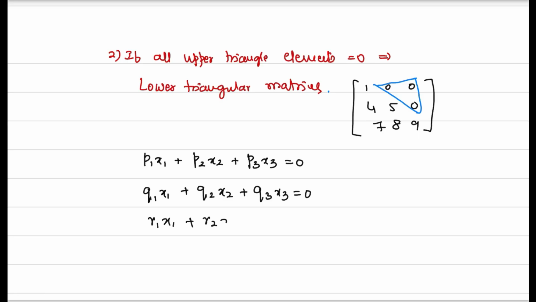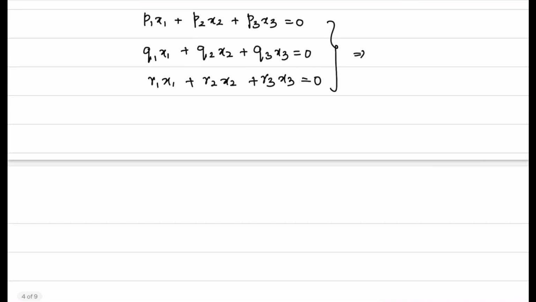R1x1 plus R2x2 plus R3x3 is equal to 0. Then this can be written as vector P dot vector x is equal to 0, vector Q dot vector x is equal to 0, vector R dot vector x is equal to 0. This is the representation of these 3 equations. One matrix of 3 by 3 is represented in this form as vectors.